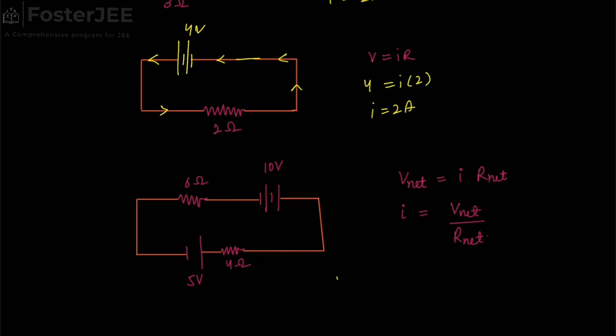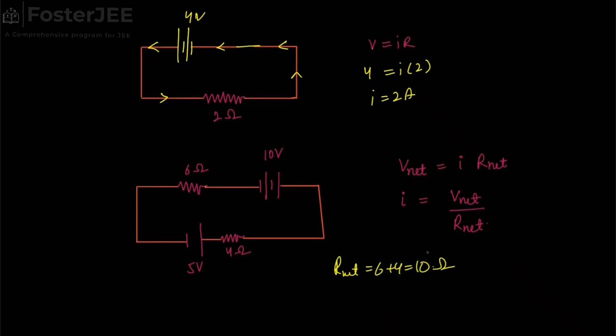So the net resistance will be simply 6 plus 4, which is 10. Now we will discuss resistance in parallel and series in much more depth in upcoming slides. But for now, let's see that the total resistance is 10 ohm.